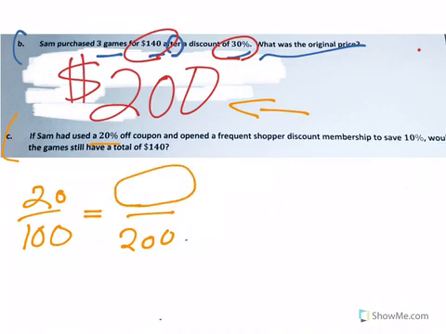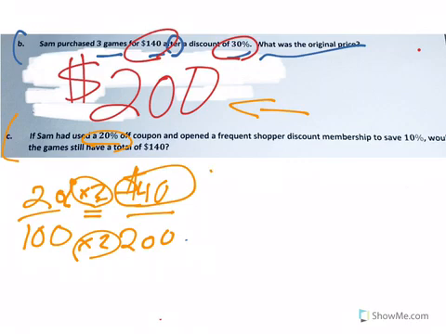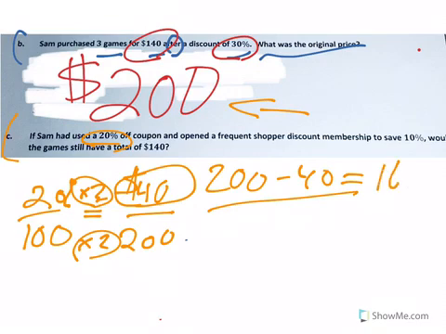So to find out how much that is going to be, we multiply by 2 here as our constant, or our magic number. Multiply by 2 here, we get 40. So by using the 20% off, you take $40 off. So if it was $200 minus 40, the cost is now $160. Now we're going to take another 10% off of that.